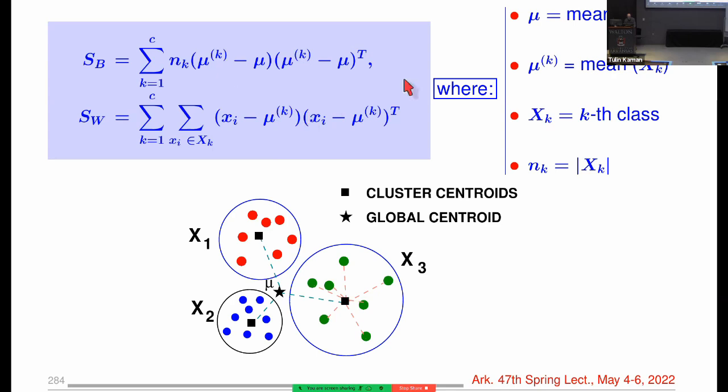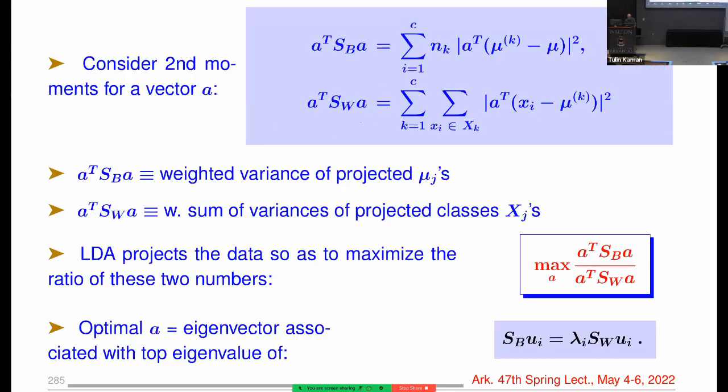Here are the definitions: mu is the mean of the whole set, mu k's are the means for each class, Xk is the kth class, and Ak is the size of Xk. You would like the mu i's to be far from each other, but within each class you'd like the xi's to be close to each other. Then you look at these two inner products, and the idea is that you maximize this ratio.